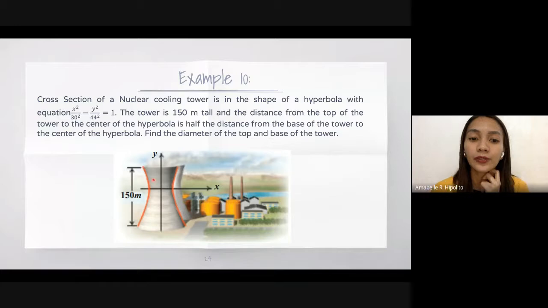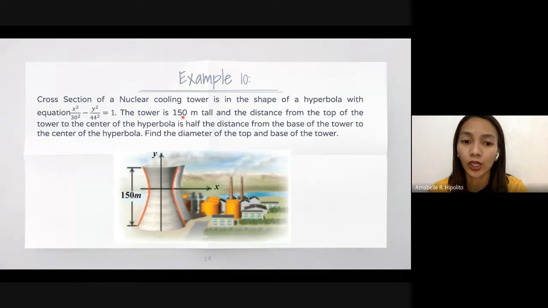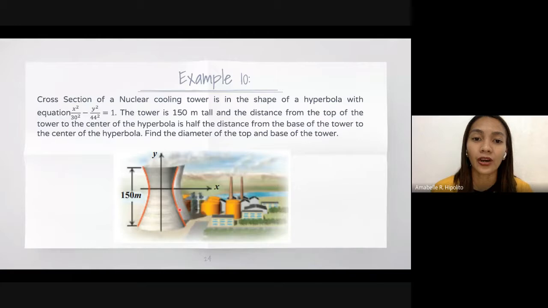Okay, so as you can see, here's the illustration. The tower is 150 meters tall. Okay, so ito siya, 150 meters tall. Okay, so this is the nuclear cooling tower. This is an example of a nuclear cooling tower in a shape of a hyperbola. Diba? Hyperbola shape siya. Okay? So, the tower is 150 meters tall and the distance from the top of the tower to the center of the hyperbola is half the distance from the base of the tower to the center of the hyperbola.